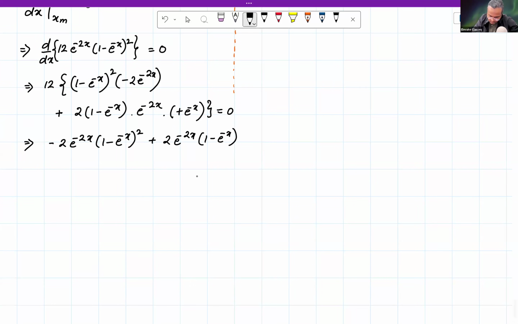And this is minus 2 e to the minus 2x 1 minus e to the minus x square plus 2 1 minus e to the minus x और यहाँ पे आ जाएगा e to the minus 2x, minus 3x आ जाएगा यहाँ पे minus 3x is equal to 0.